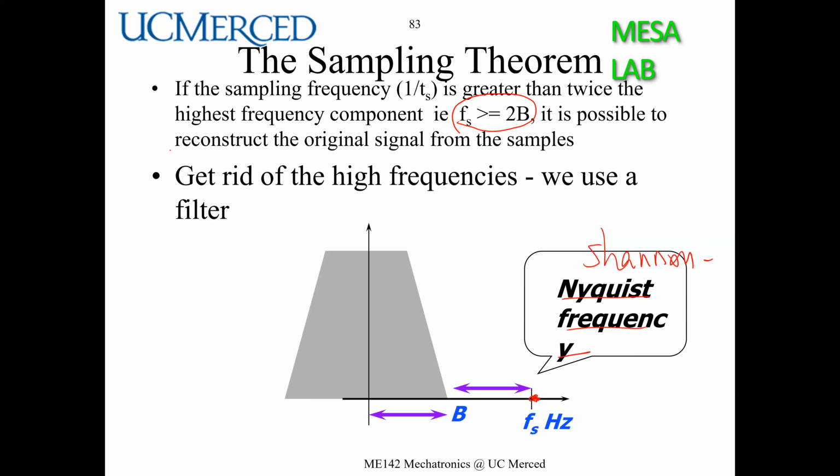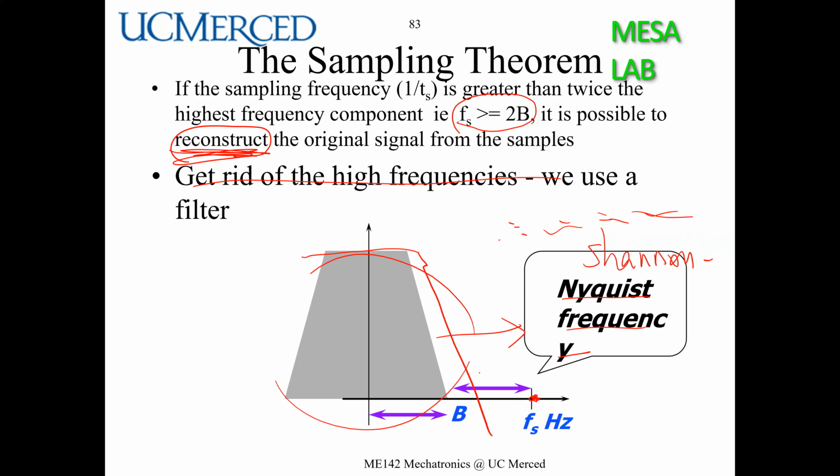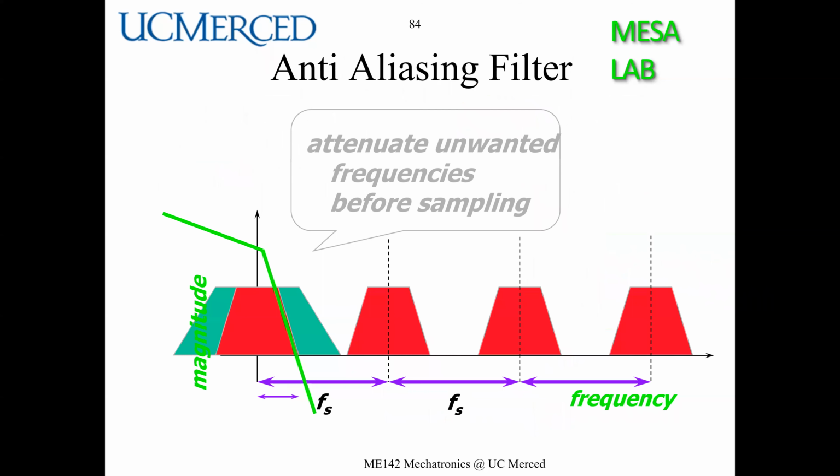Then you can still reconstruct the original signal from the samples by doing what? You get rid of all these infinite frequency duplicates. Just put in a low pass filter. You keep this and throw away the others. Then you can say we recovered.